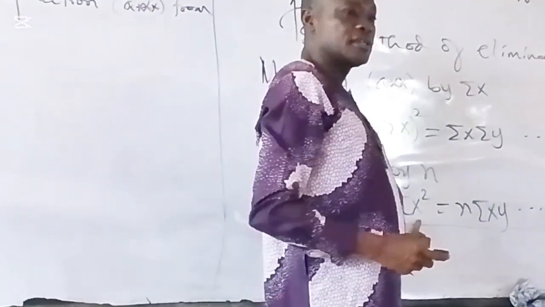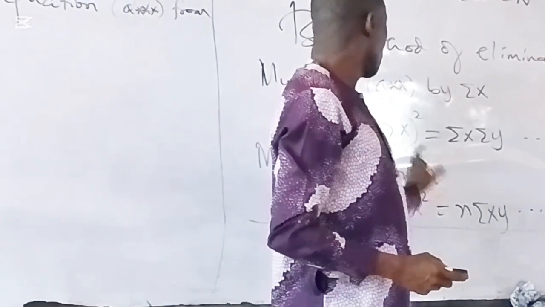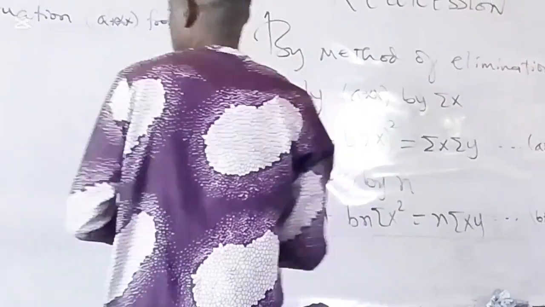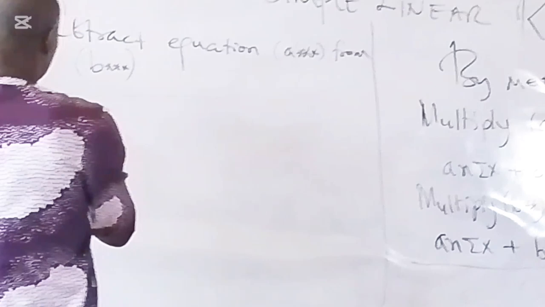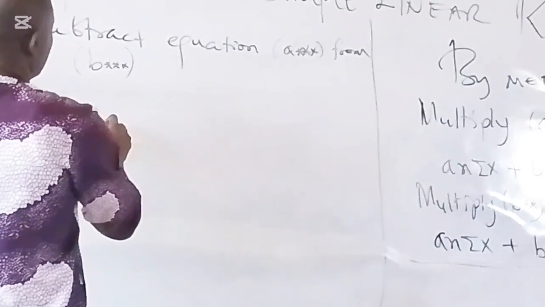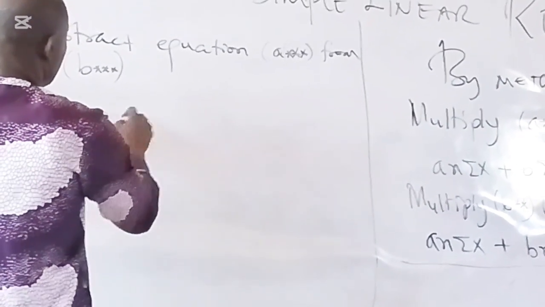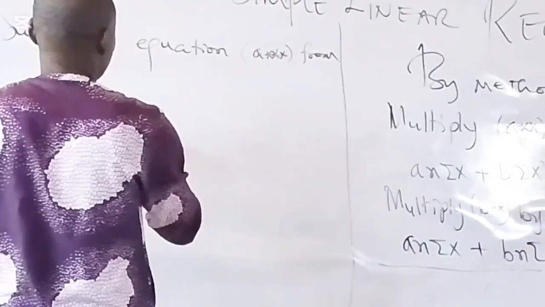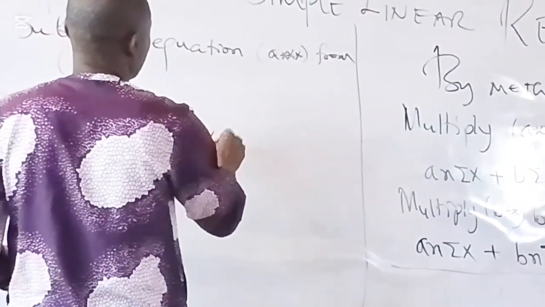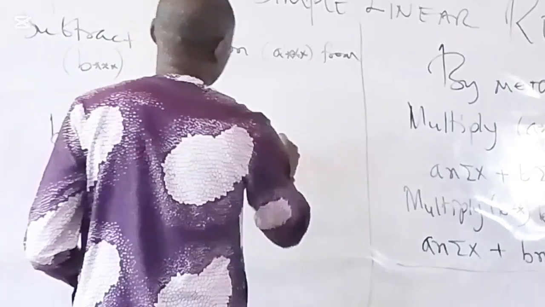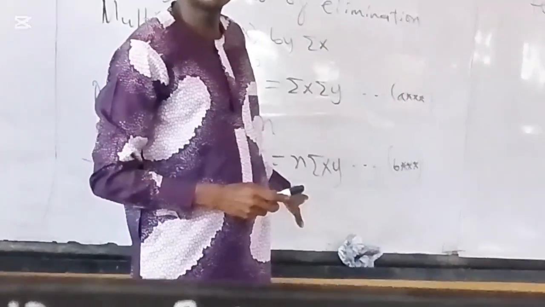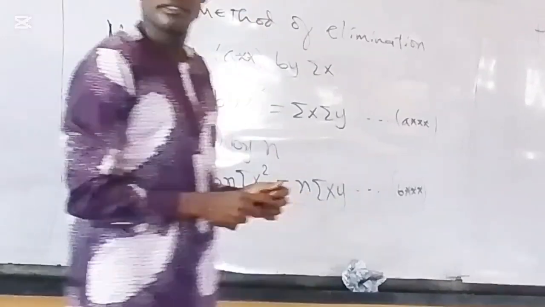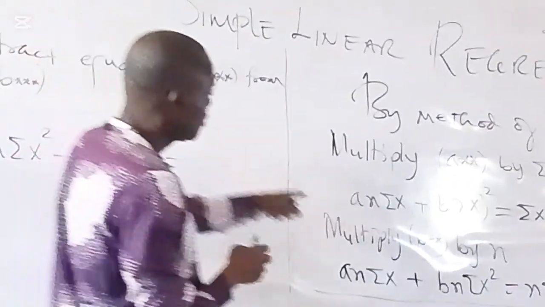And we have Bn sum of x all squared minus the other one, B sum of x all squared, equal to n sum of xy minus what do we have here?